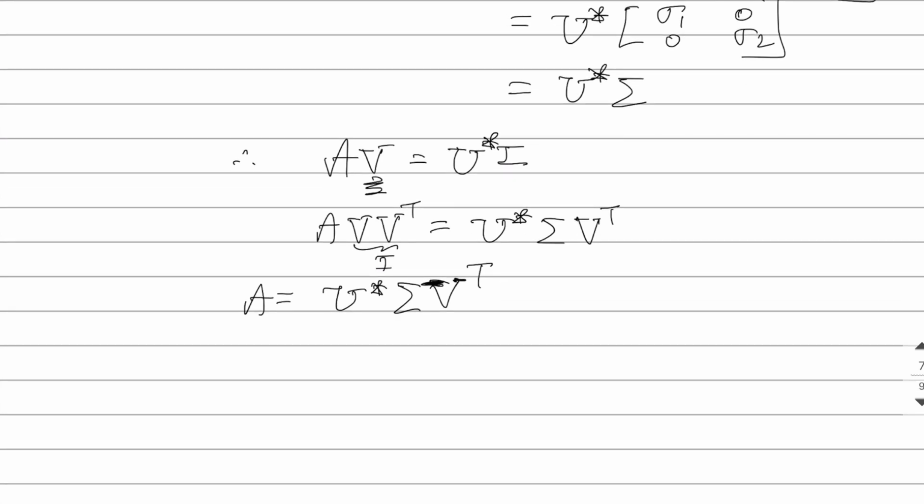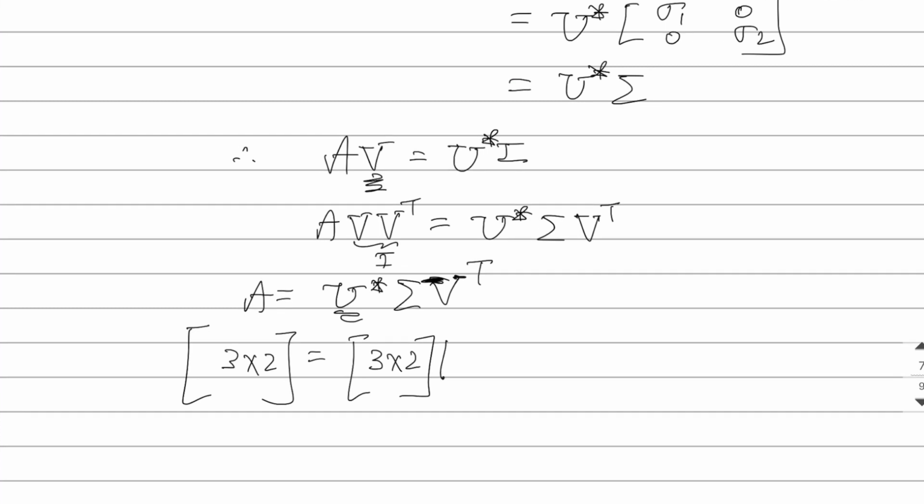Now, in our problem, A was a 3 by 2 matrix. This matrix U was also 3 by 2 because it held the two images of our input basis. This sigma was a 2 by 2 diagonal matrix, and this V transpose was a 2 by 2 orthogonal matrix.